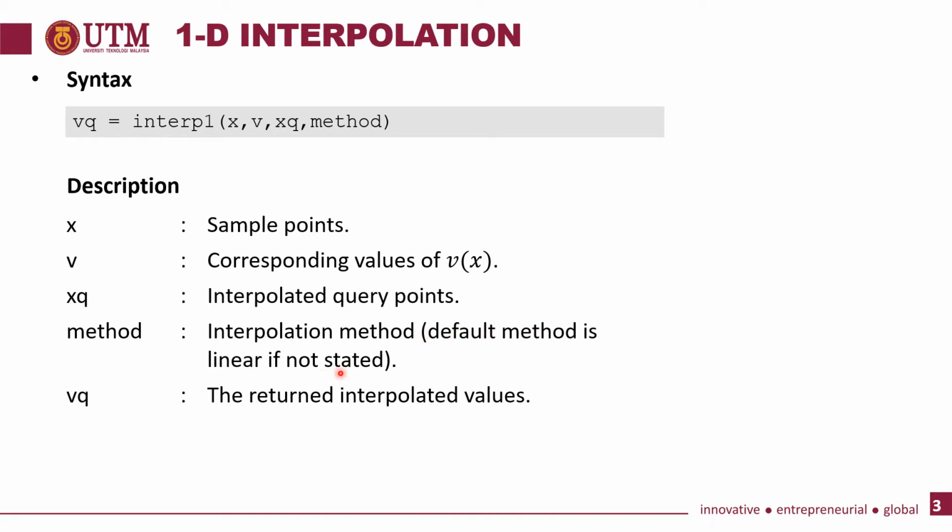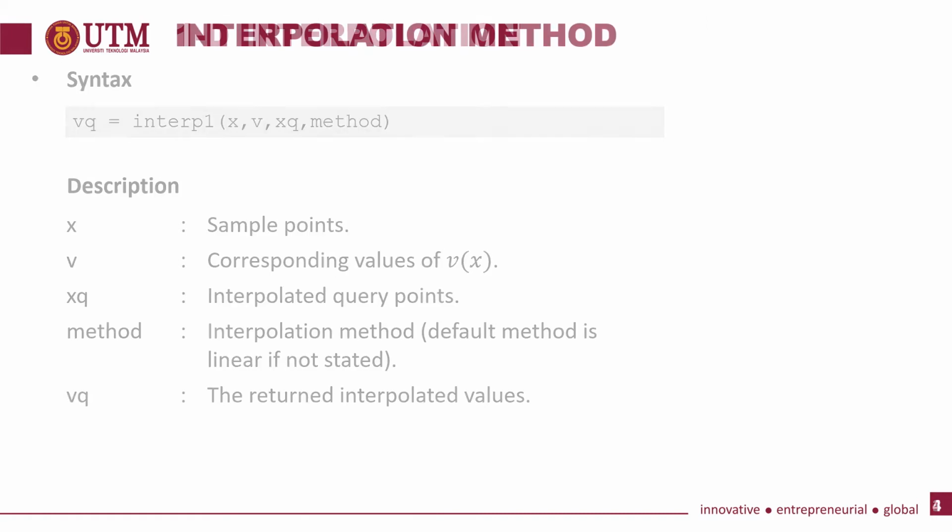So if you do not state any method in this syntax, it will automatically use the linear type. VQ is the returned interpolated values. When you use this syntax, all of the interpolated points will be stored inside the variable VQ, or any variable that you give a name. You can give it any name.